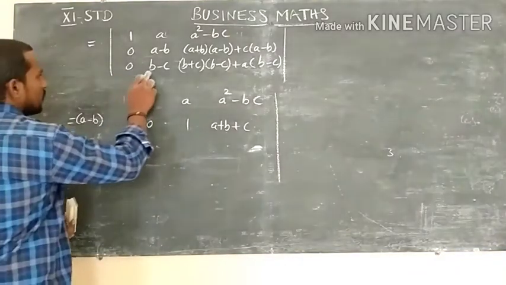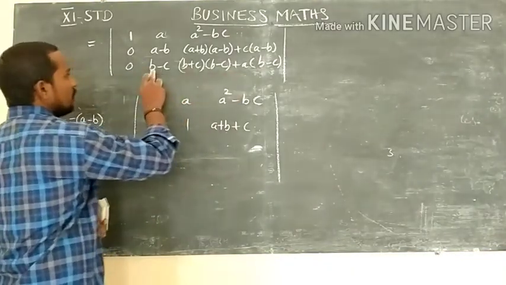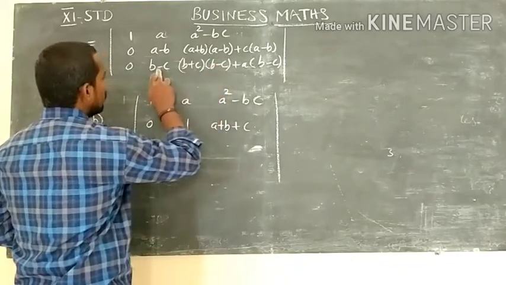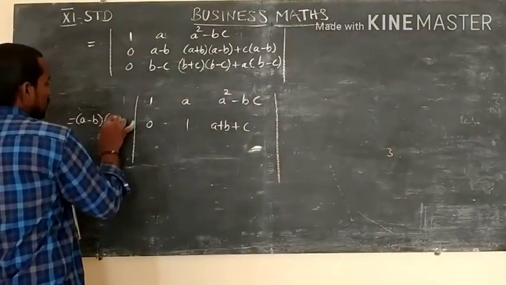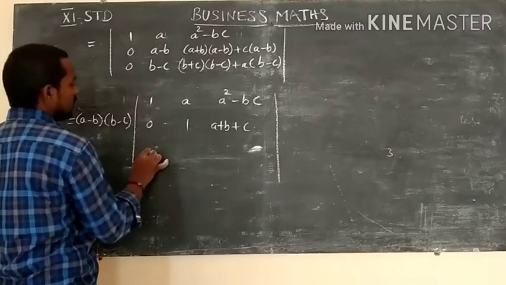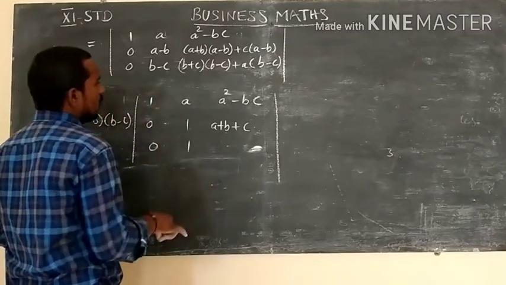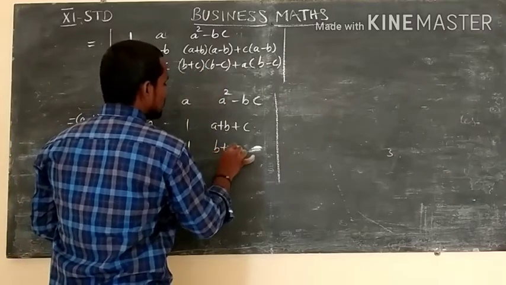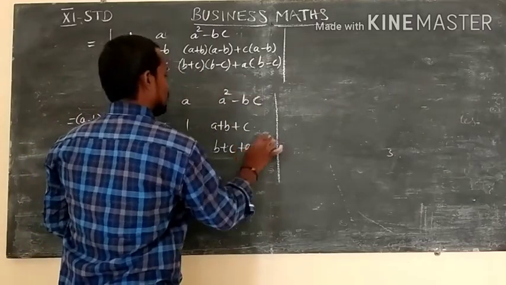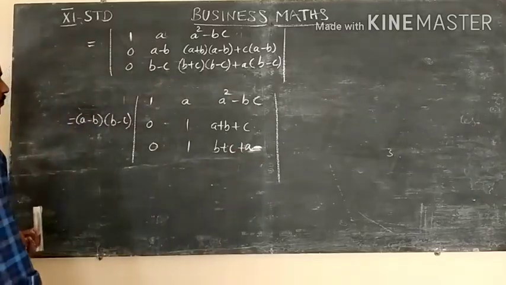So here consider the R3. B minus c is in all the terms. B minus c, b minus c, b minus c. So b minus c taken outside, remaining 0 is as 1. Okay. So b minus c taken out, so remaining b plus c, here plus a. Okay.